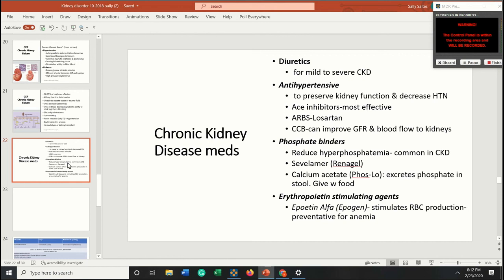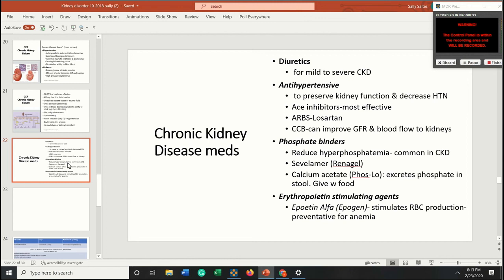That would be a good use for Kayexalate. Also phosphate levels. Their phosphate levels are usually very elevated, and so we can use a phosphate binder: sevelamer, Renagel, Fosrenol, and they work just like Kayexalate. They bind to phosphate and then it's gotten rid of in the stool.